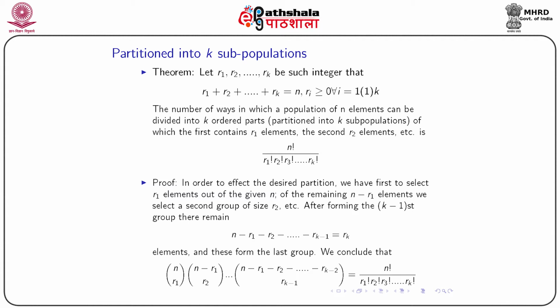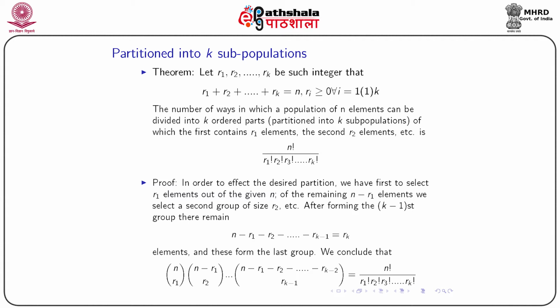Now if I take the product of all these choices, n choose R1, n minus R1 choose R2, n minus R1 minus R2 choose R3, and so on, and lastly n minus R1 minus R2 minus ... minus Rk minus 1 choose Rk, and if we do this manipulation, we will be left with n factorial over R1 factorial into R2 factorial into R3 factorial into Rk factorial.